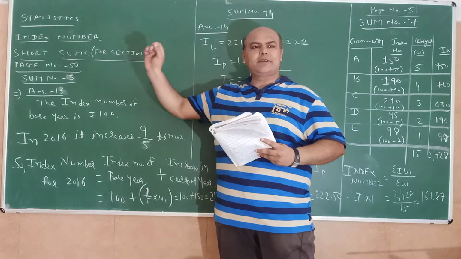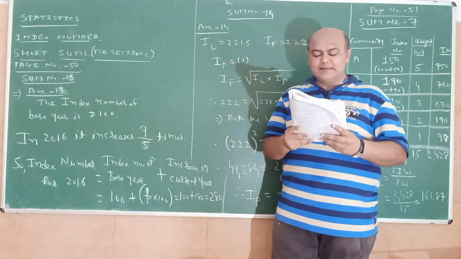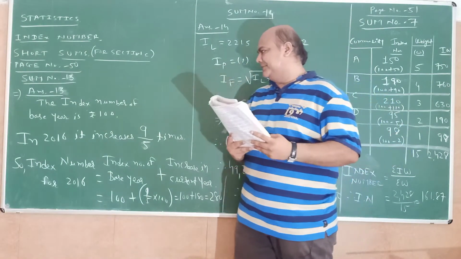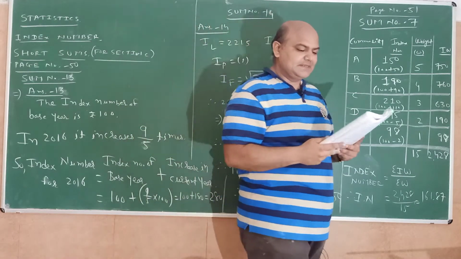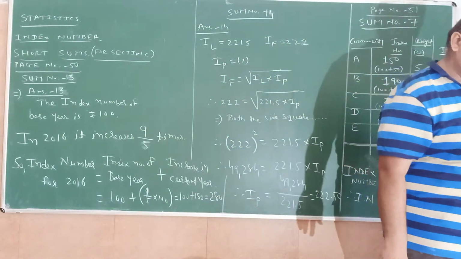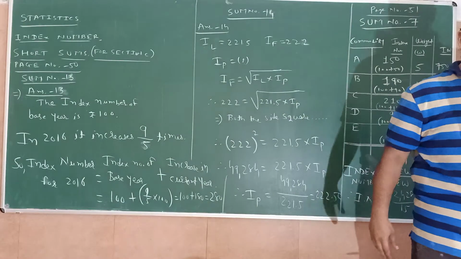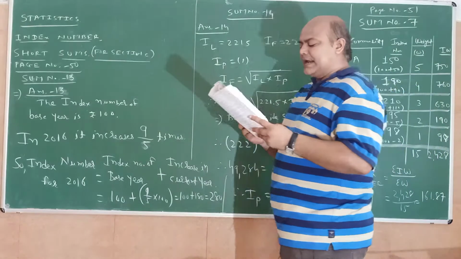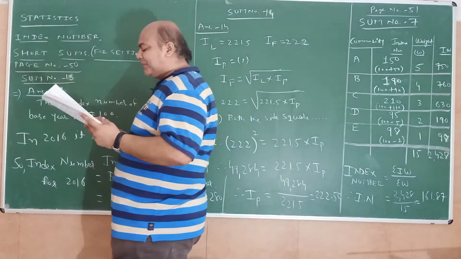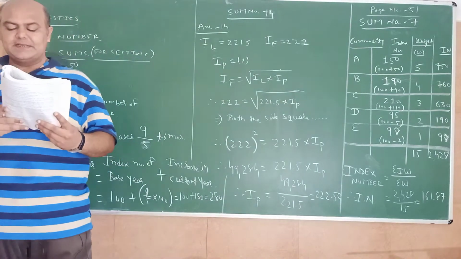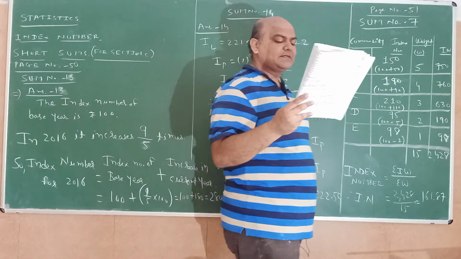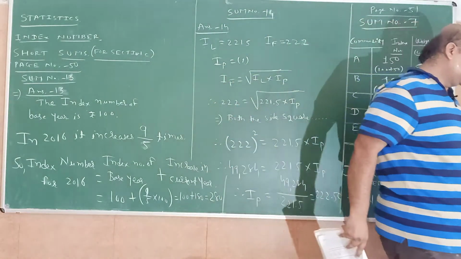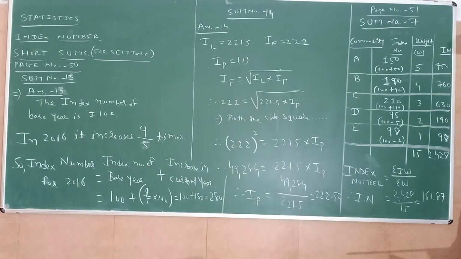50 of your textbook and we take sum number 13. Here is the sum 13. The question is, if the production of an item increases by 9/5 times in the year 2016 as compared to the base year, find the index number of production for the year 2016.